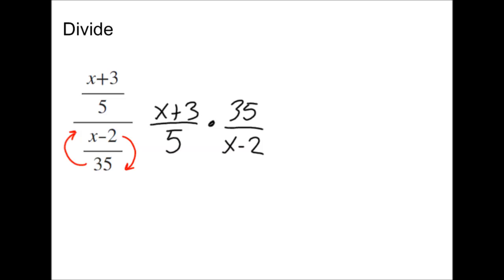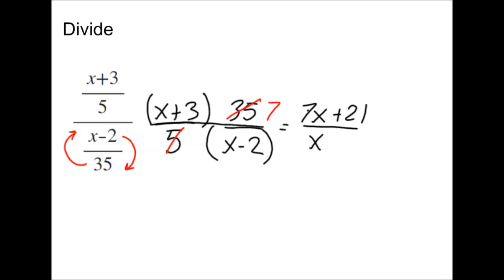You can also write this as one big problem. And so I see that 5 does go into 35 and leaves you with 7. So our final answer is going to be 7 times x is 7x, 7 times 3 is 21, all over x minus 2.